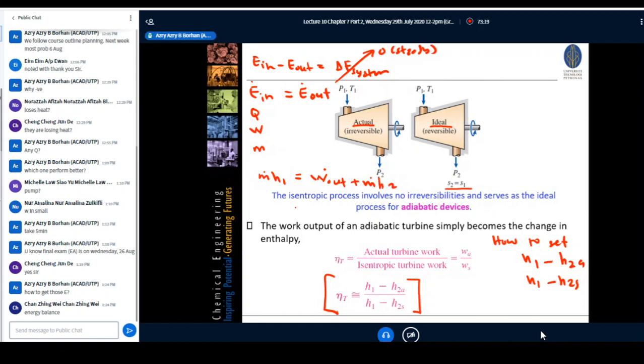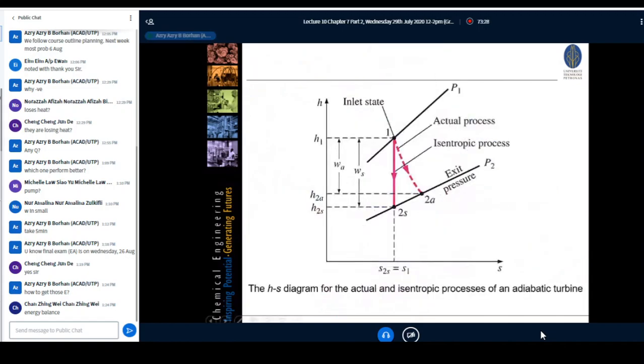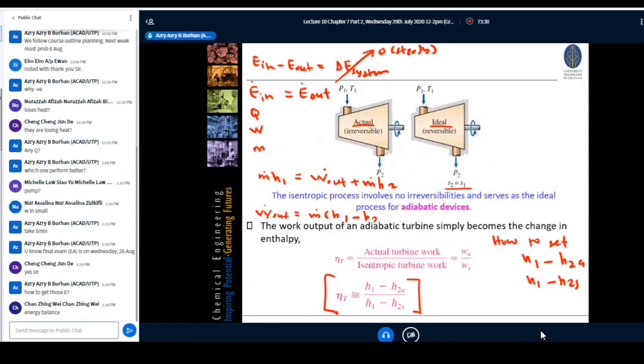So that's why your W out is equivalent to M times H1 minus H2 over here, right? Because for actual, that means you put subscript A, and if this is isentropic, you put the S symbol for that. Remember, the isentropic condition is at the outlet of the turbine. Okay, so you have this particular expression over here.